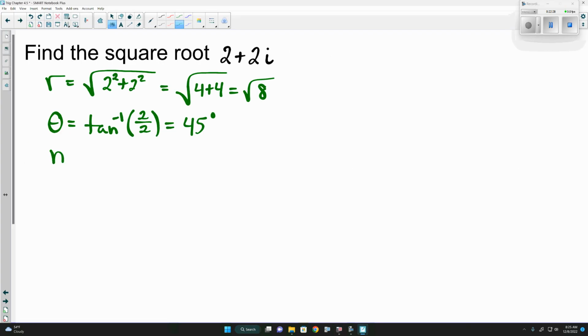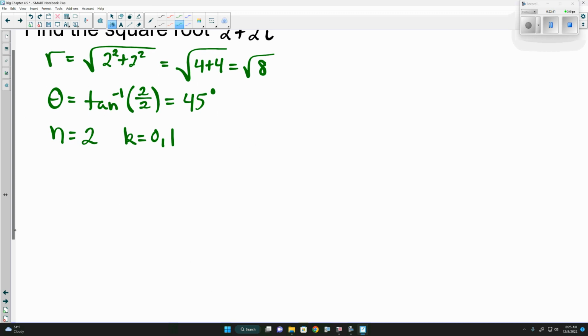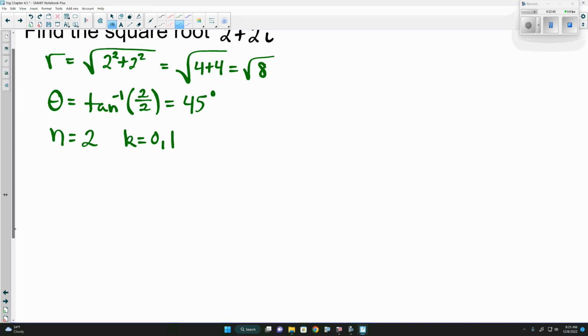Now our n is still going to be 2. K, again, is going to be 0 and 1. K is going to be all the values leading up to n minus 1. Yep.